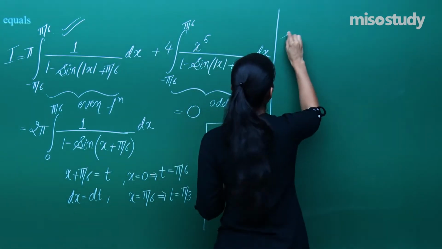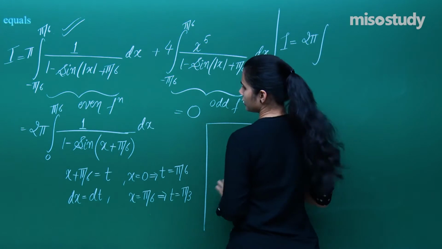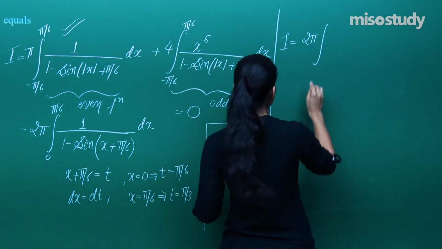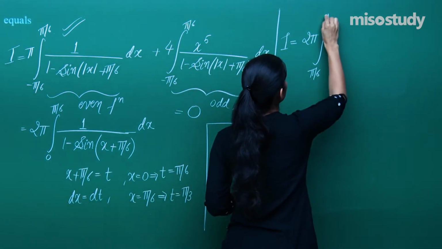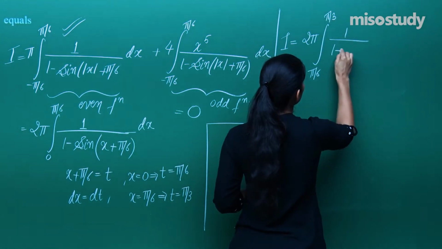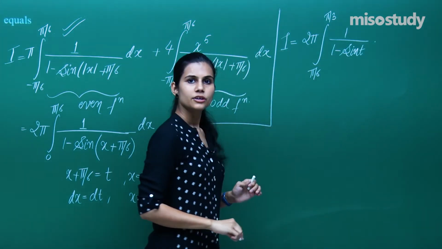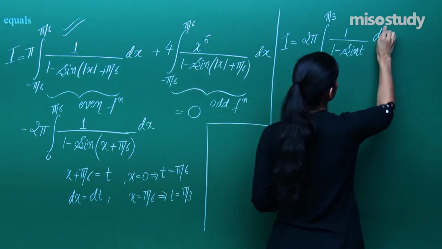Therefore, what you get in here is I is equal to 2 times the integral from pi by 6 to pi by 3 of 1 upon 1 minus sine t, right? dx turns out to be dt.